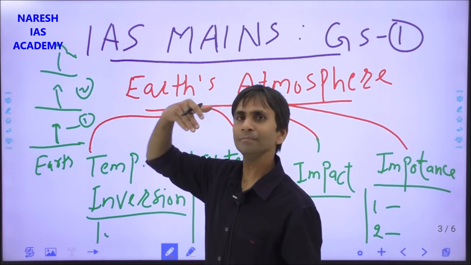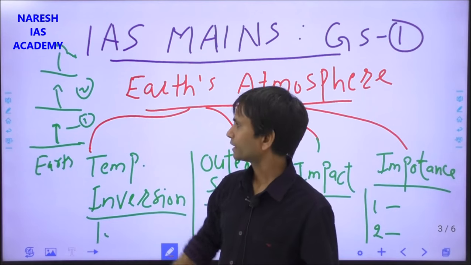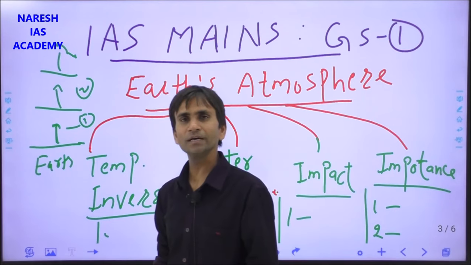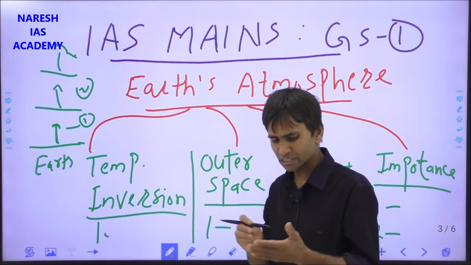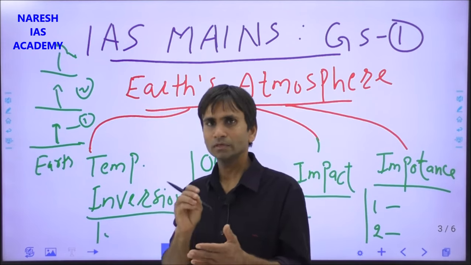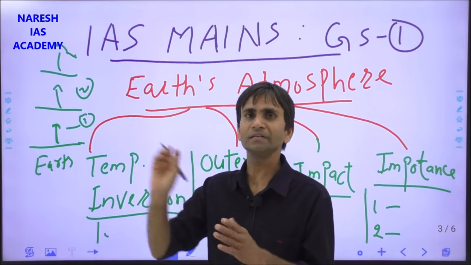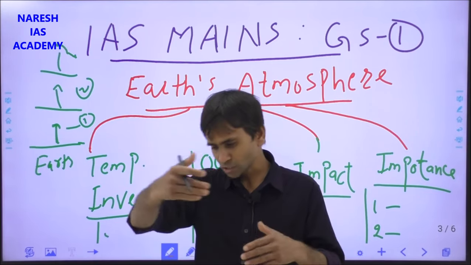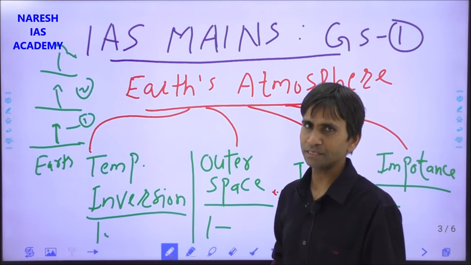Temperature sometimes lapses or sometimes increases. In the first layer, the troposphere, temperature decreases, about 1 degree Celsius per 165 meters of height, and it is called the normal lapse rate or the environmental lapse rate.